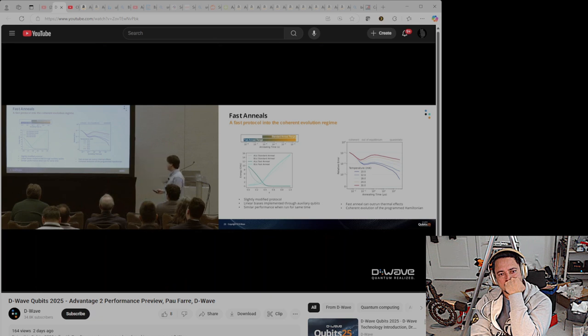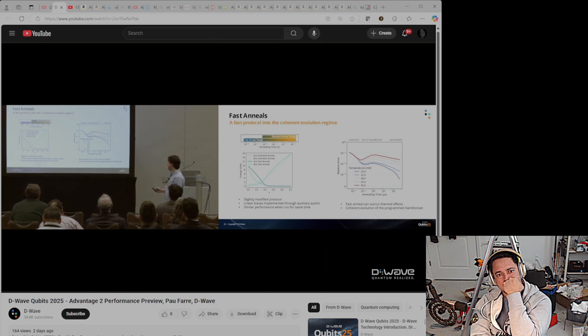Here is solution quality versus annealing time, the lower the better, of a QPU that's been subjected to different physical temperatures. If we look at the longest anneals, you'll see that raising the temperature of the QPU has quite a dramatic effect. It makes solutions worse. But as we go towards faster and faster anneals, this effect starts to mitigate until it disappears completely.